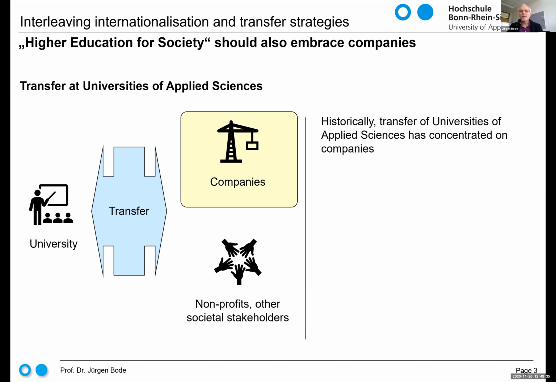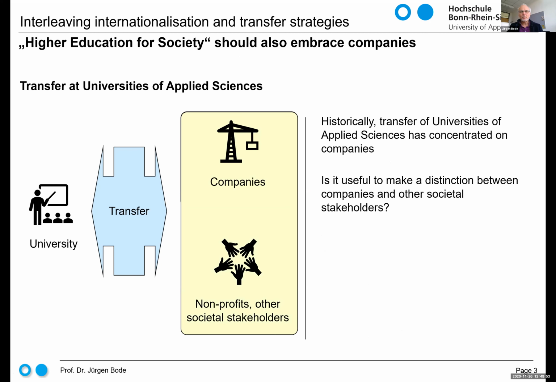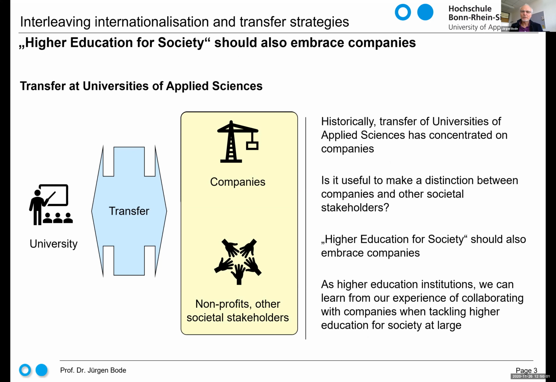So historically, the transfer of our type of universities has concentrated on companies, also because the study programs historically established at our type of universities are closely connected to what is in demand by companies. But I'm questioning if it is useful to make a distinction between companies and other societal stakeholders.